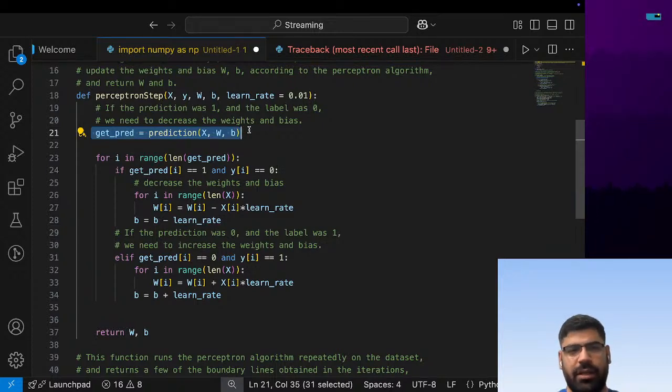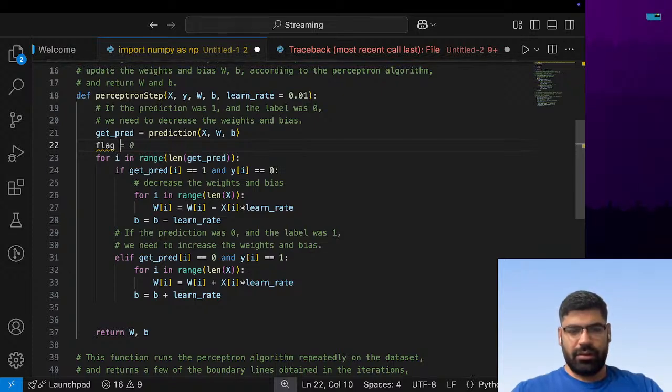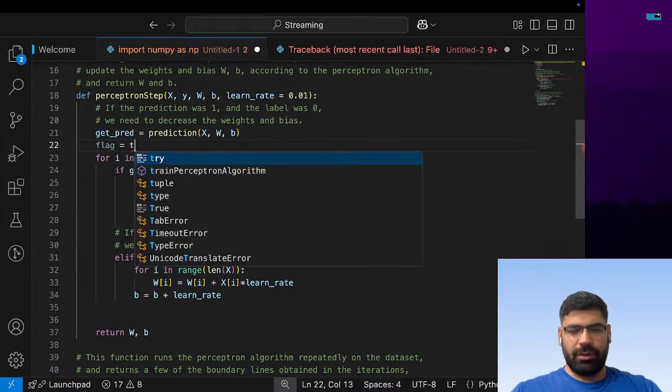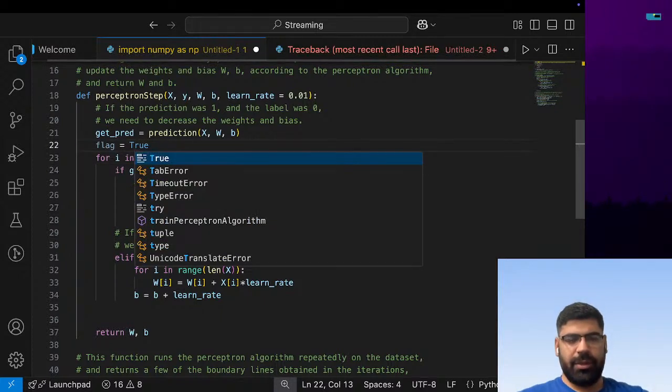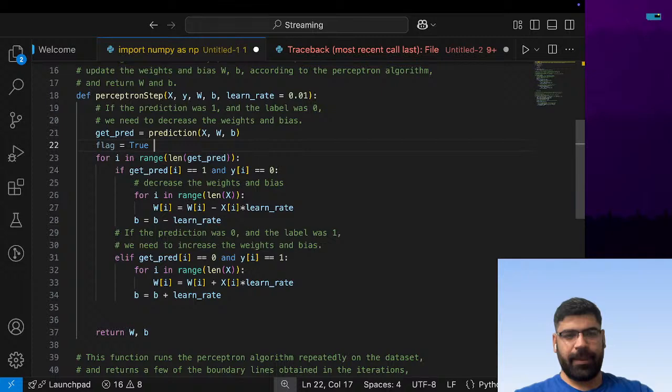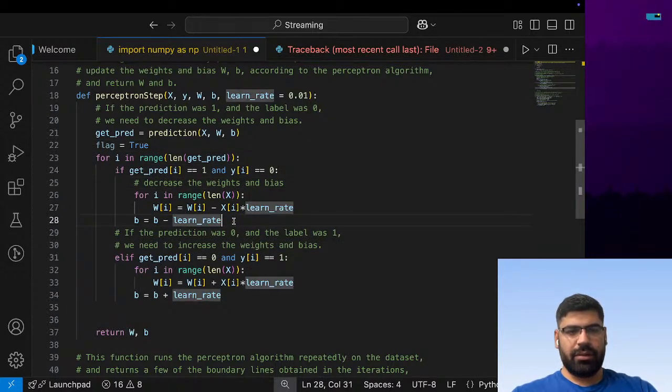So maybe I'll create a flag assuming all predictions are correct. Do this.